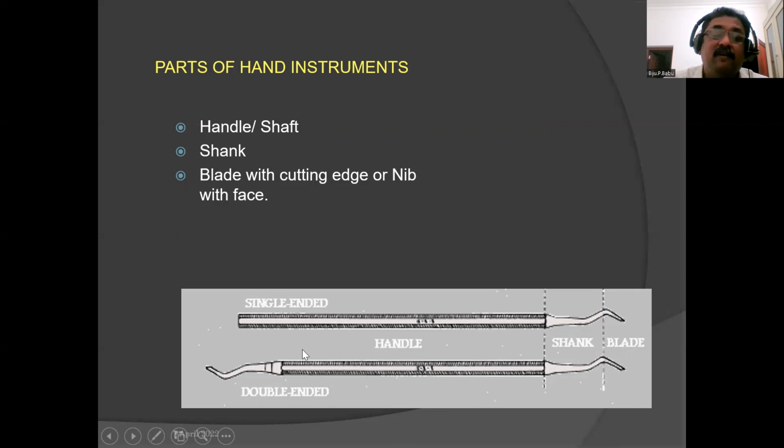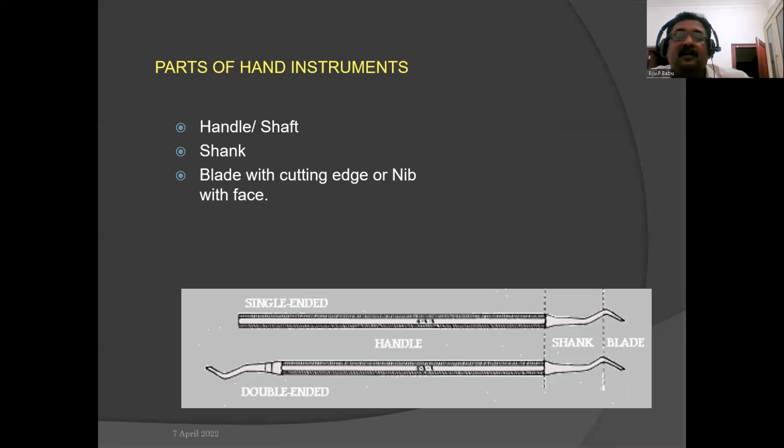The advantage of a double-ended instrument is that the number of instrument exchanges is reduced, so you don't have to sterilize more instruments. One instrument works as two; you just have to use the opposite side. It may be a mesial or a distal instrument, or a left instrument or a right instrument, so both left and right are incorporated in the same handle.